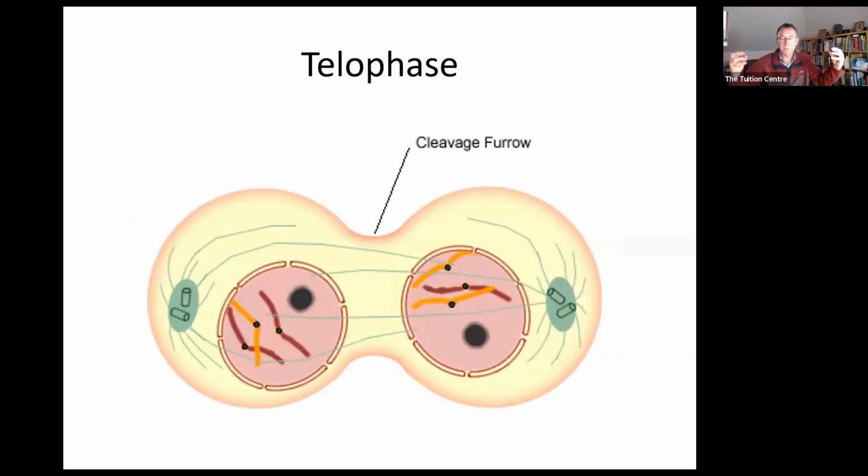The spindle fibers have retracted and shortened, and the chromosomes during telophase will start to loosen again and return to that loose chromatin, stringy sort of form of DNA and protein that we talked about.